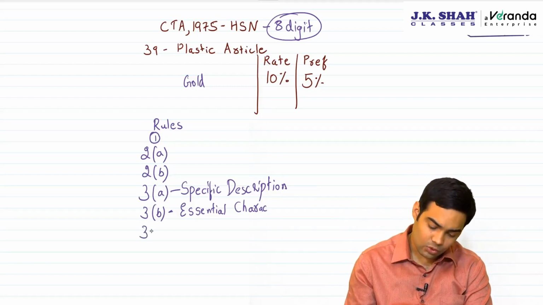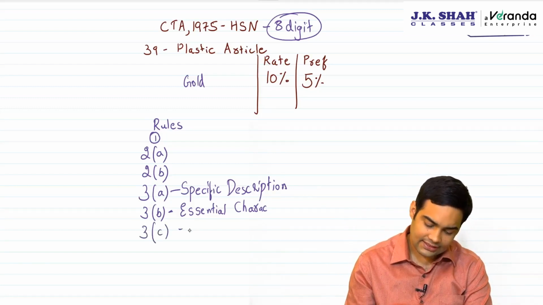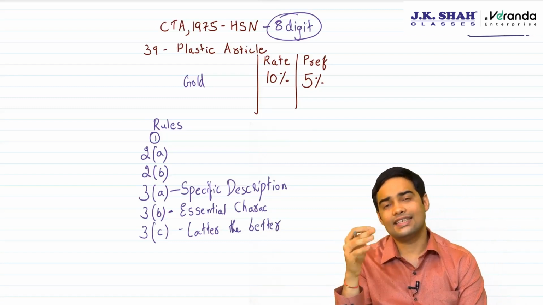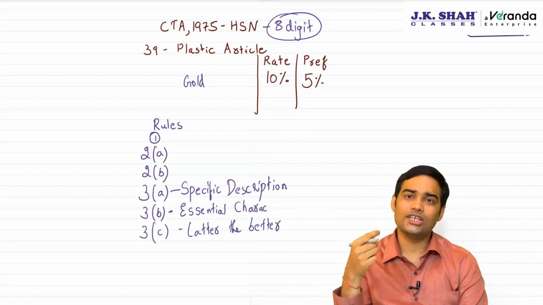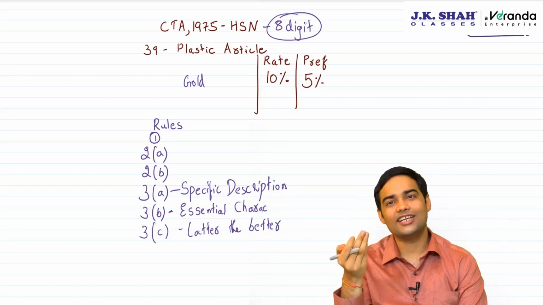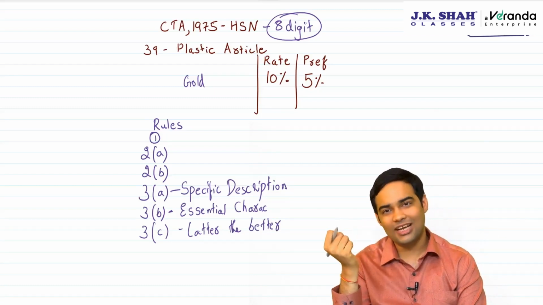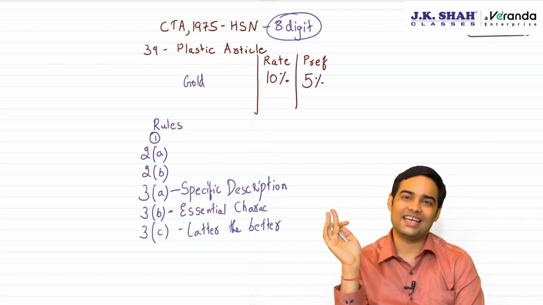Thereafter, rule 3C says latter the better. In case you cannot get the specific description or essential characteristic, like say suppose I am importing trouser and shirt, I cannot go by specific description. I cannot go by essential characteristic. The law says latter the better.